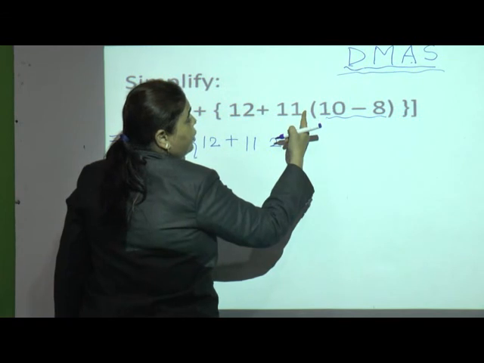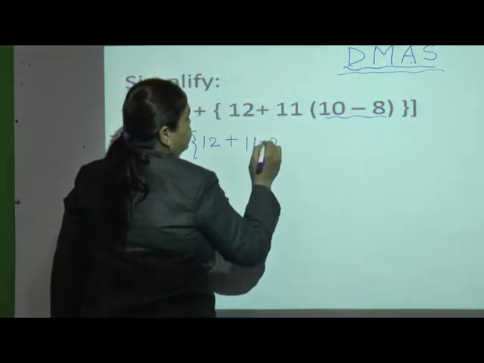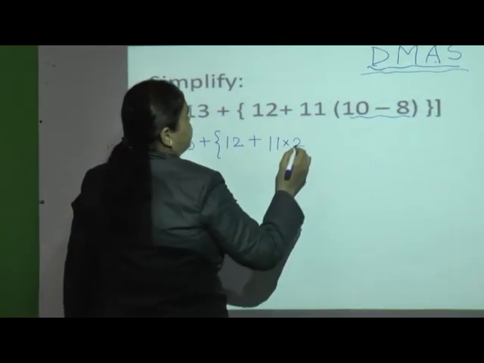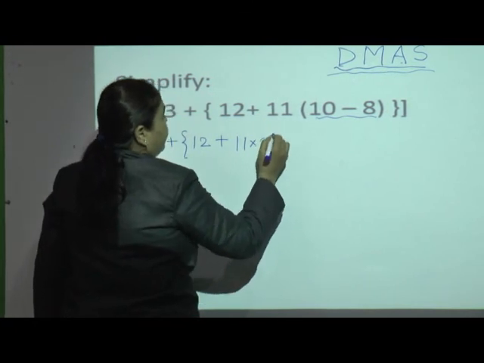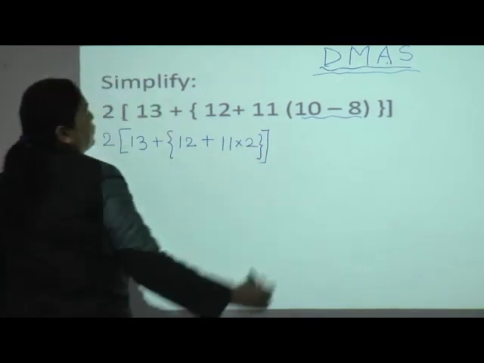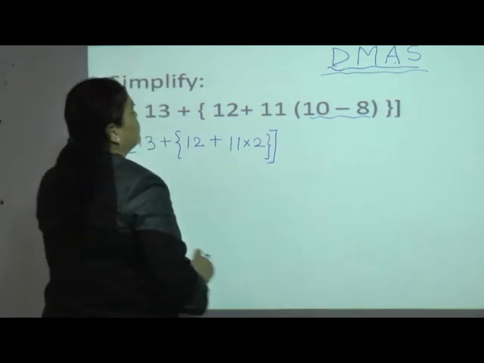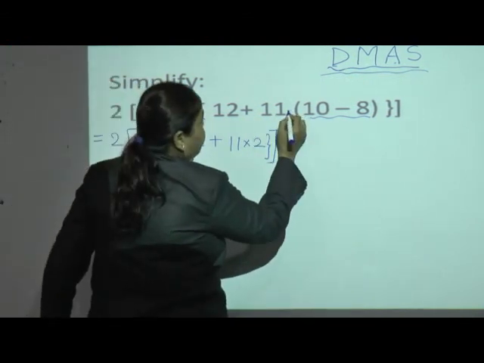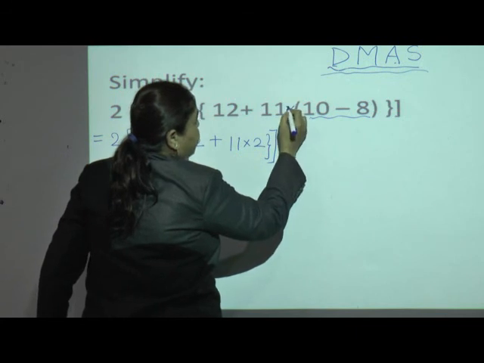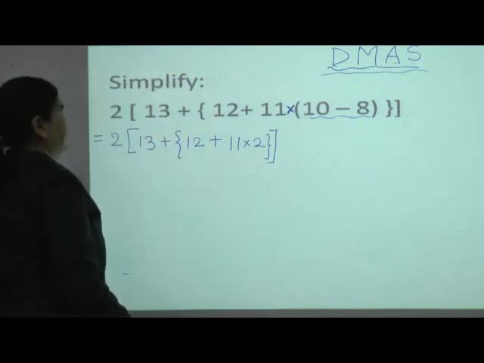What should be here? Multiplication. So I will write multiplication. I will close with a curly bracket and I will close with a square bracket. I told in the previous sum also, if nothing is there, it means there is a multiplication sign.